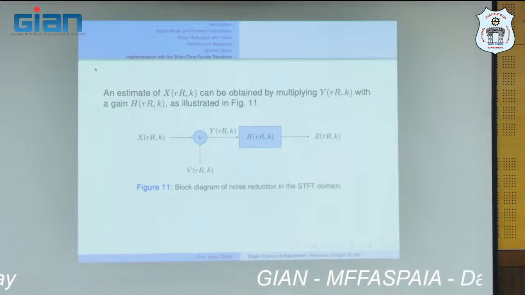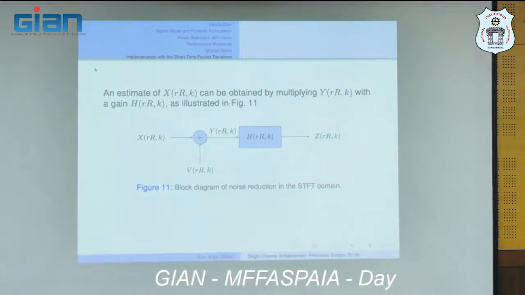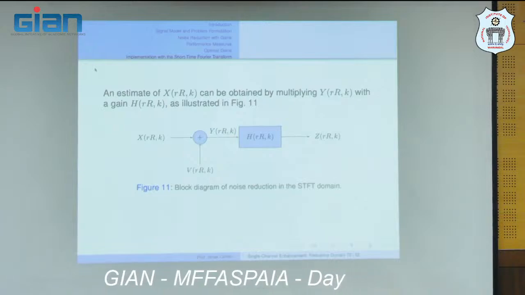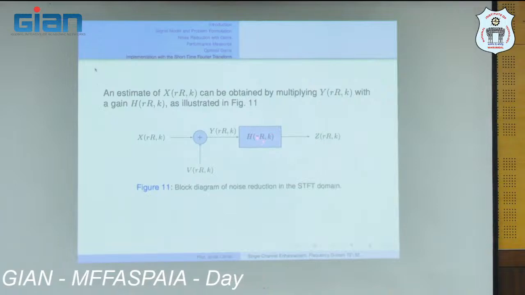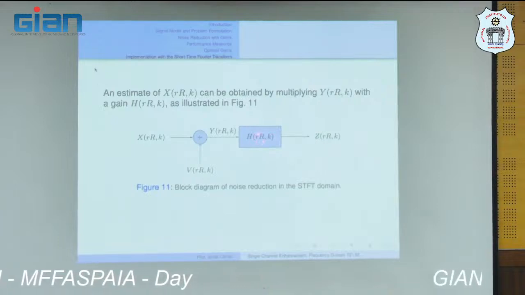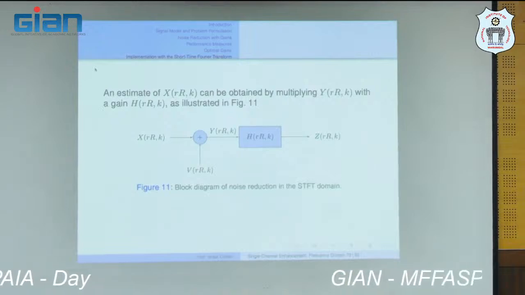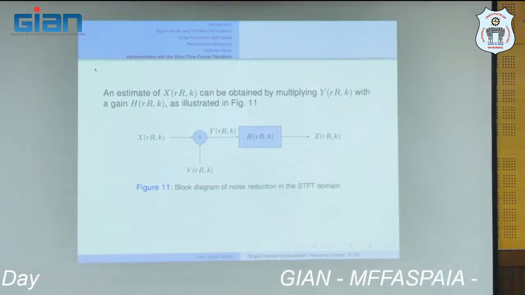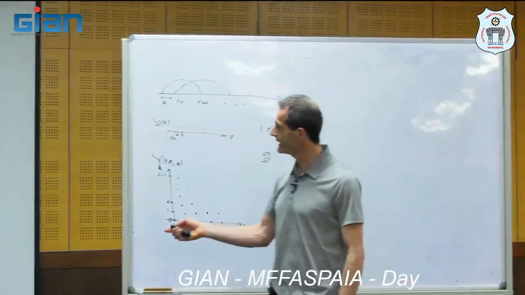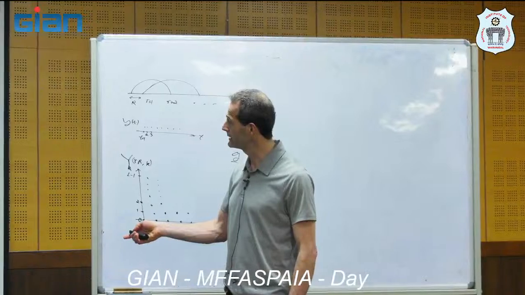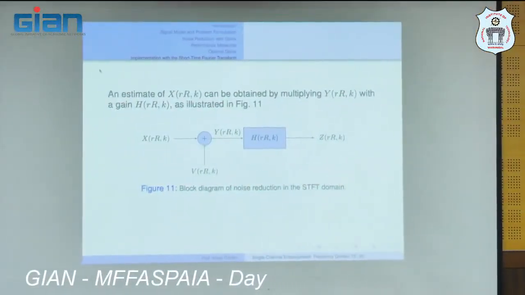So if the desired signal and the noise signal are stationary, this gain doesn't need to depend on R. So it doesn't depend on the time axis. It depends only on the frequency. So here the gain can depend only on K if the signals are stationary.